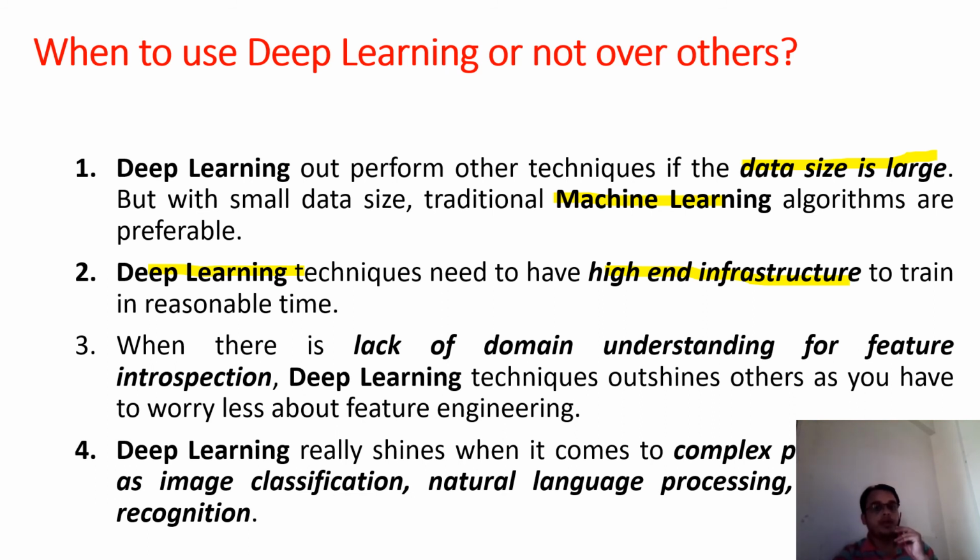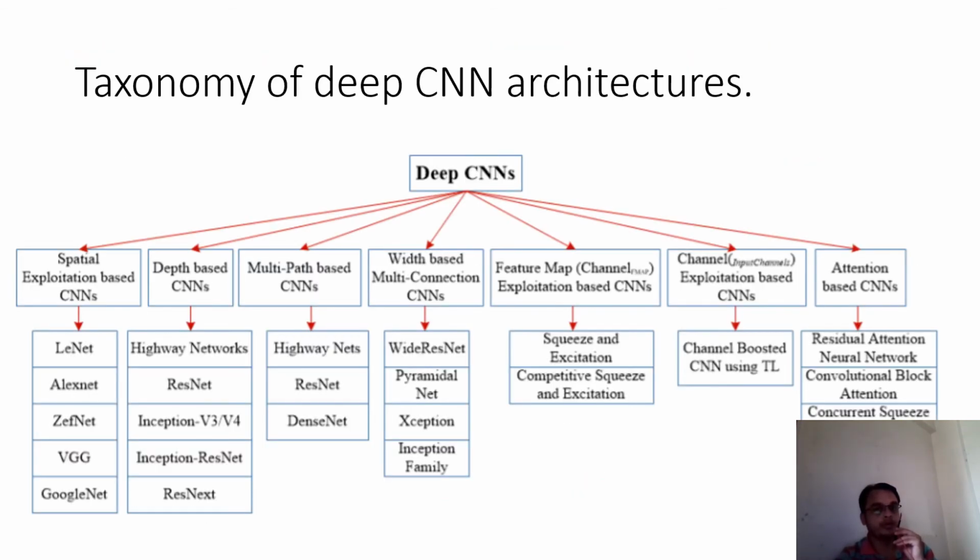There is a lack of domain understanding for the feature representation, so with deep learning it's not necessary to know about each and every feature. Just take the images, dump them into the desired network, and it will do the rest of the work for you. So deep learning is very useful when you have the data and you don't have any idea how to use that data. Okay, now the taxonomy of deep learning architectures.